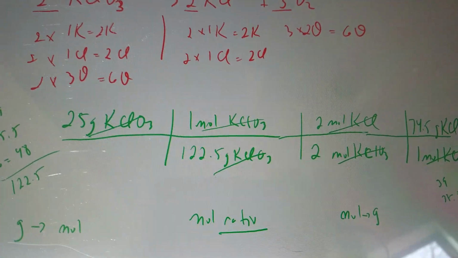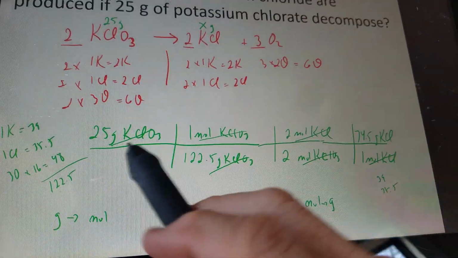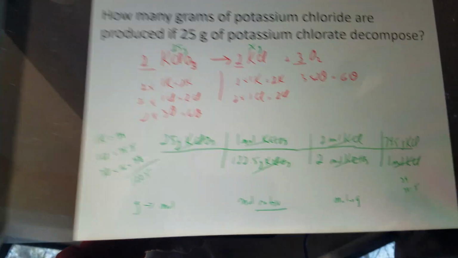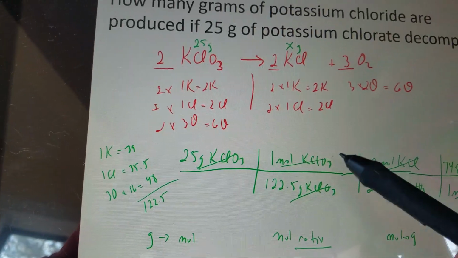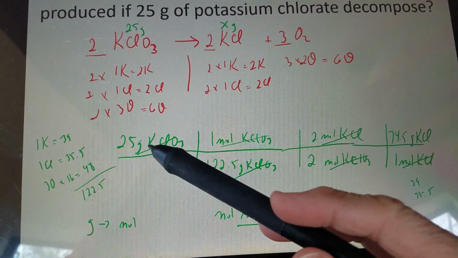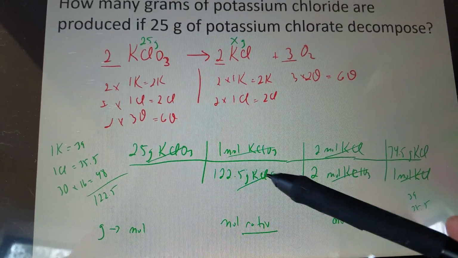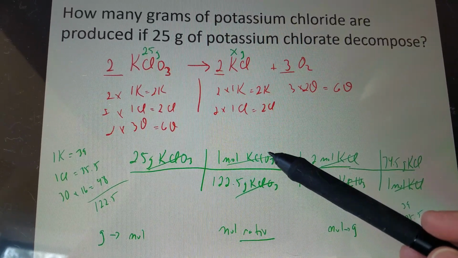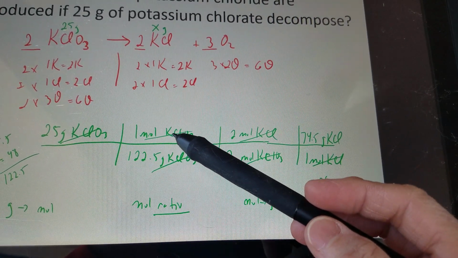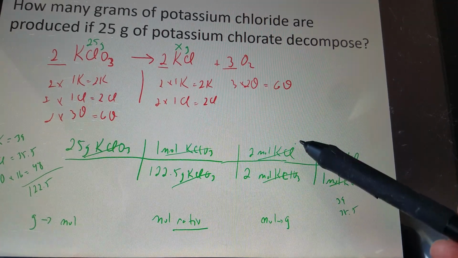So looking at this, you can see that you started off with our grams. It goes to moles by using the gram formula mass of that compound. Grams of the initial substance cancel out, and you'll be in moles of that substance. The second step is our mole ratio, so moles of what you started with to moles of what you're going to.